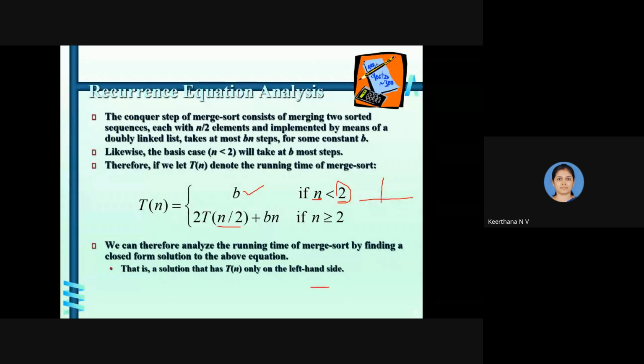It means that suppose in the initial case I'm dividing the partition into 2, again this partition is dividing into 2, again and again, so the first case only I will be applying this one. For the remaining cases, I will be applying this time complexity only. Like this, the running time of the merge sort algorithm will be calculated, and the final solution will be stored in T of n. So these are the algorithmic analysis of merge sort using recurrence equations.